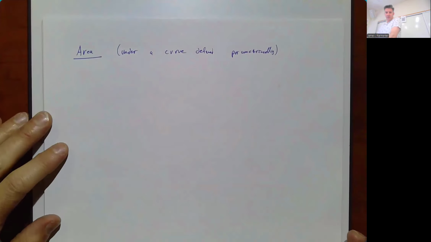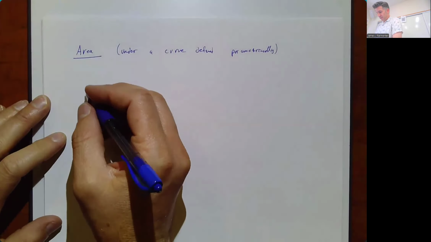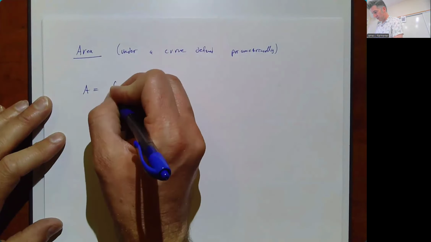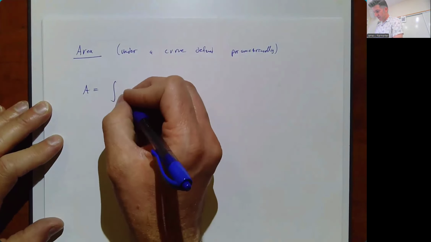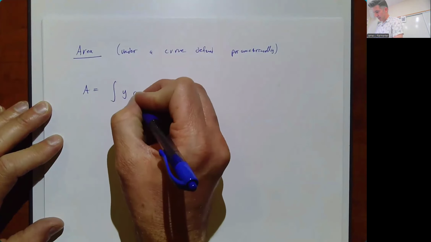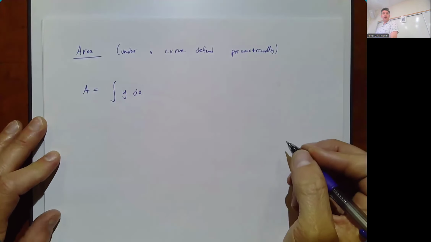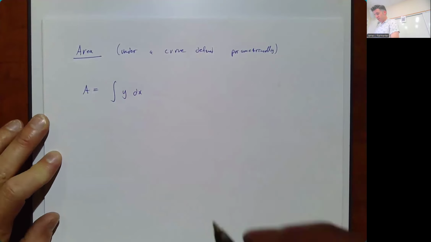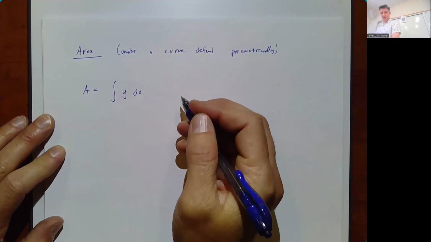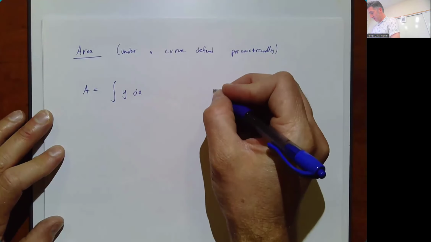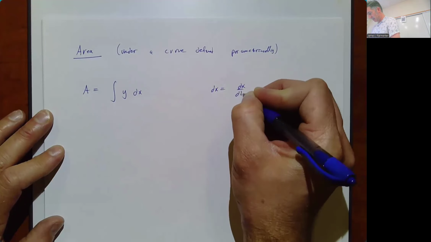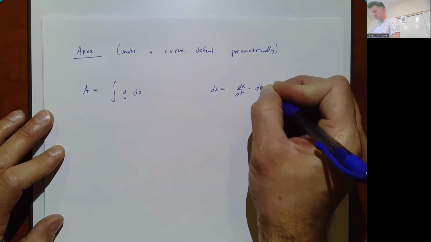So here's how it works. We're going to say, well, the area is equal to the integral of y times dx. But really, what we can think of is, well, dx is really dx/dt times dt.